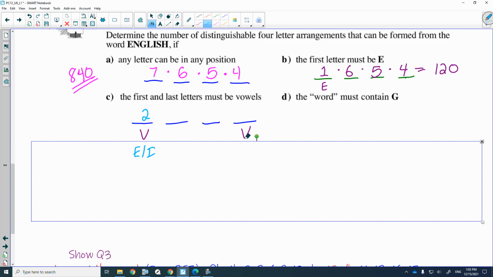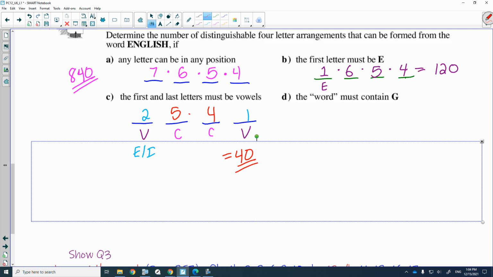Then this letter has to be a vowel. There's only 1 choice left. If you placed a vowel here, you've only got 1 vowel left. That means that the consonants would be in the middle, and you'd say, okay, well, what number would you put for this stage? You had 7 letters in the word English, and you placed 2 of them, that leaves you with 5 letters and 4 letters. So then you multiply 2 times 5 times 4, and there's 40 different arrangements that you can make.